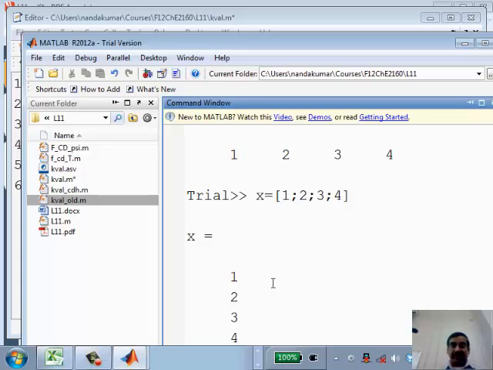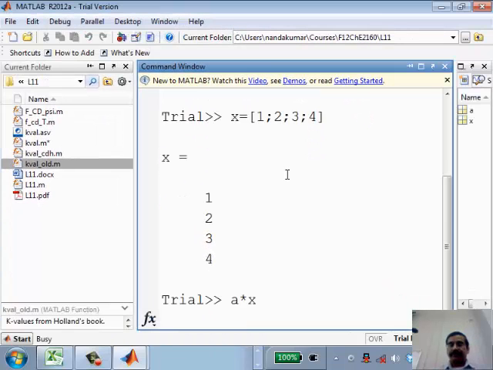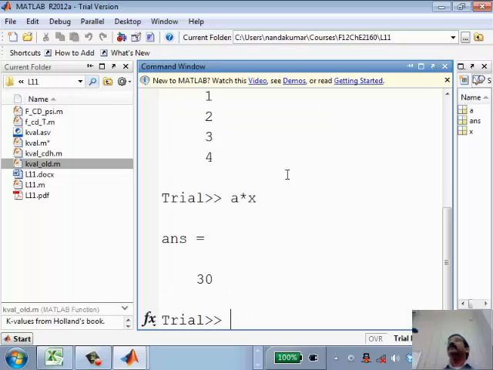Now, if I say A times X, what is it going to do? That produces a single number. What is that number? That number is essentially the product of A1 with X1 plus A2 with X2 plus A3 with X3. Okay? Now, that produces 30.